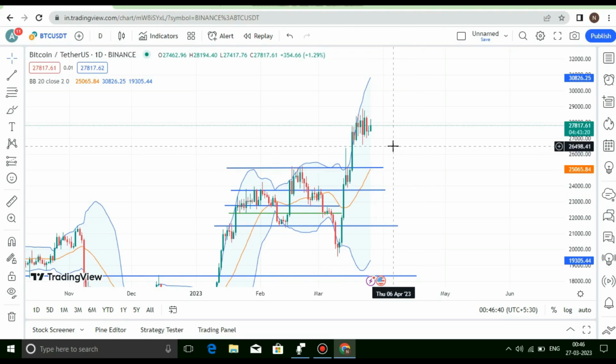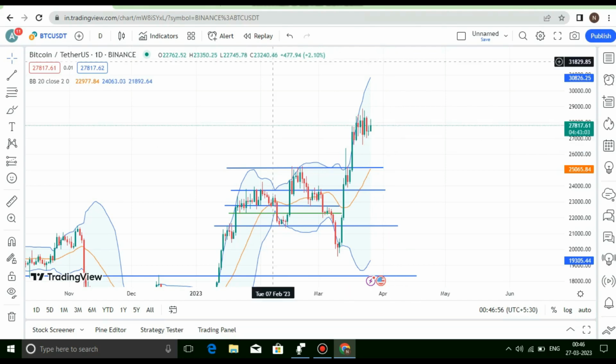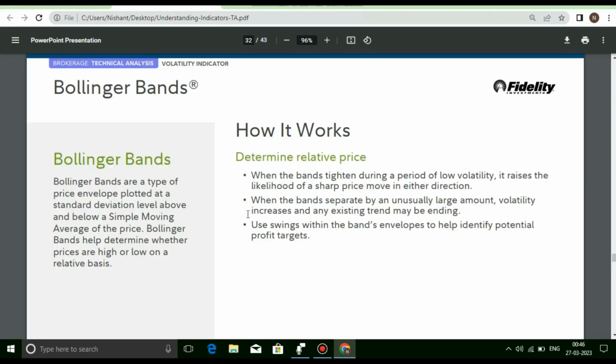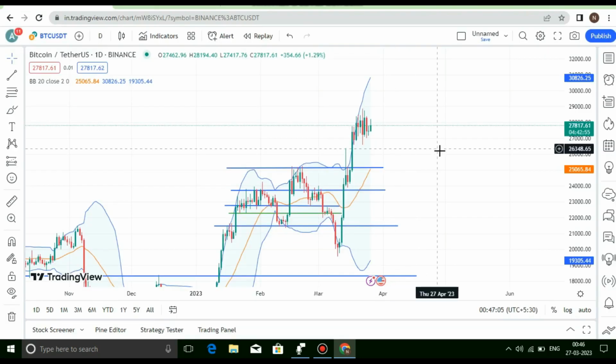So this is a clear indication that the uptrend is not continuing. The uptrend is not going to continue, because already the volume of money flowing in and out of Bitcoin is very high, and right now with the unusually large separation, volatility increases and an existing trend may be ending. So what is the current trend of Bitcoin?